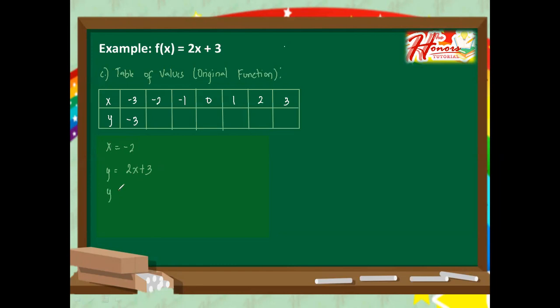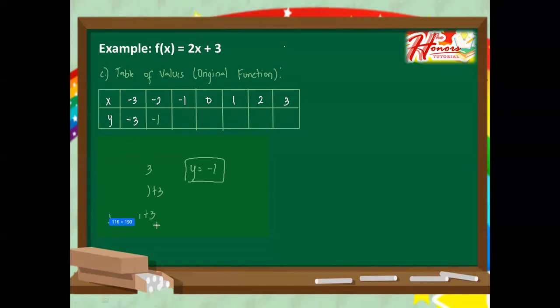So we have here y equals 2 times -2 plus 3. So that's y equals 2 times -2 is -4 plus 3. So therefore, y is equal to -1. So when x is equal to -2, y is equal to -1.